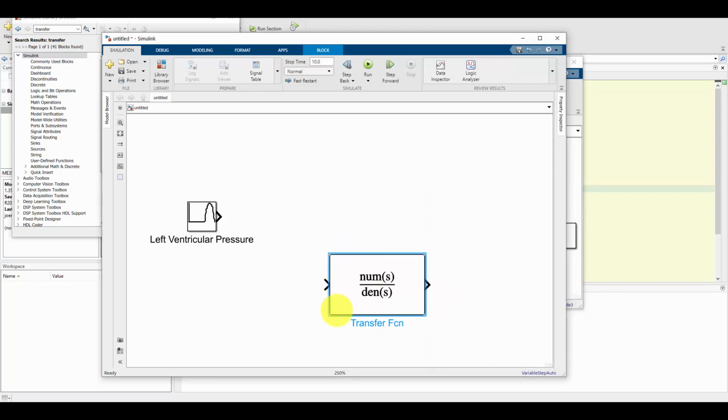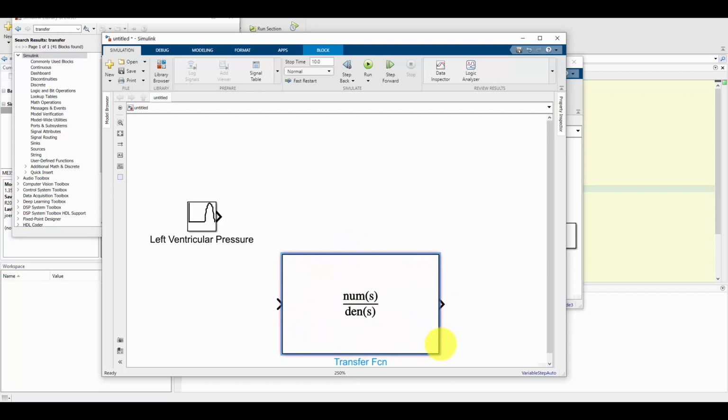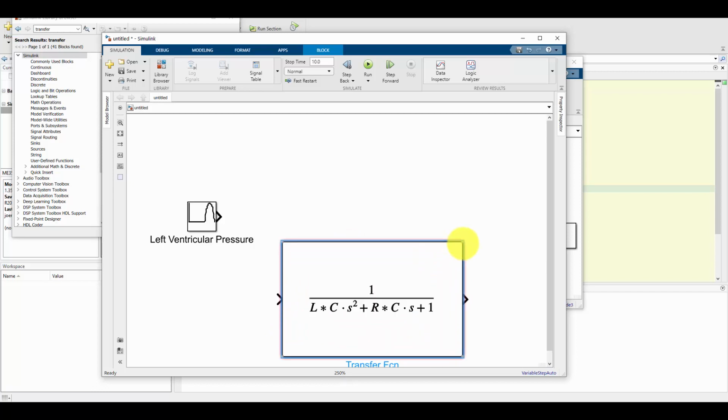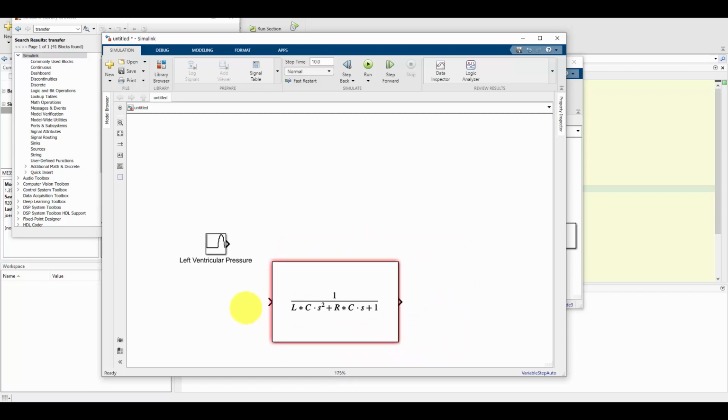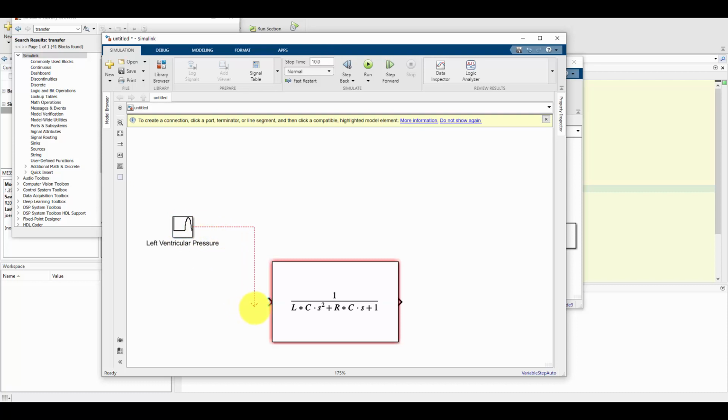If I press OK, and I'll make it a little bit bigger so we can see what that looks like, okay, now we can see the actual transfer function. I'll zoom out a little bit. I can click and drag from the output of left ventricular pressure to the input of my transfer function. So the input is left ventricular pressure.